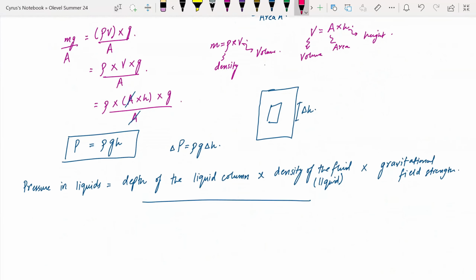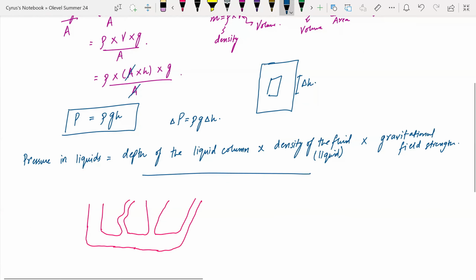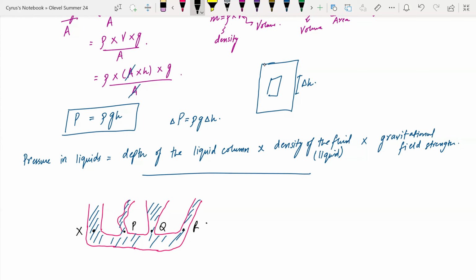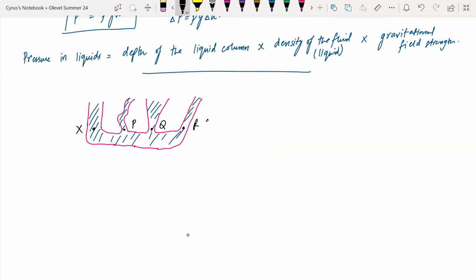If we have something of this sort, let's say we have a container which is like this. This container is filled with liquid all the way. I label here various points. This is point X. This is point P. This is point Q. This is R. Right? So we have these various points here. तो आपको पता होना चाहिए that pressure at X, P, Q and R का क्या होगा?